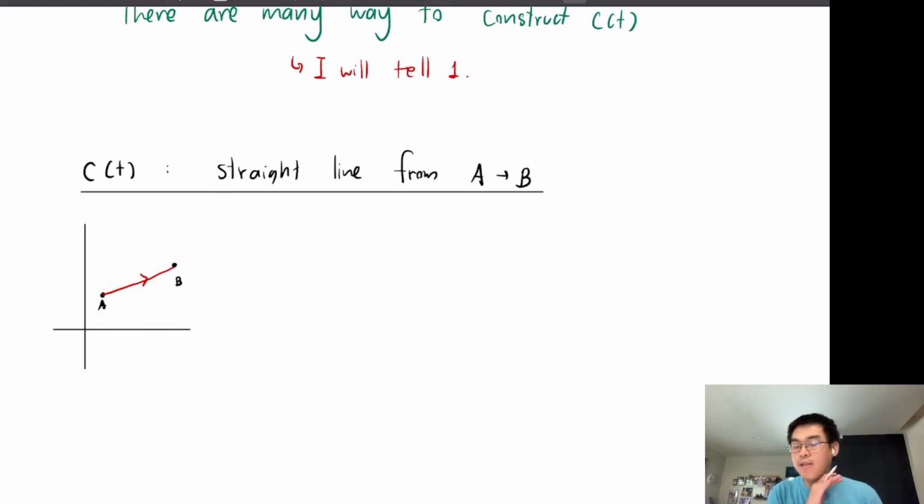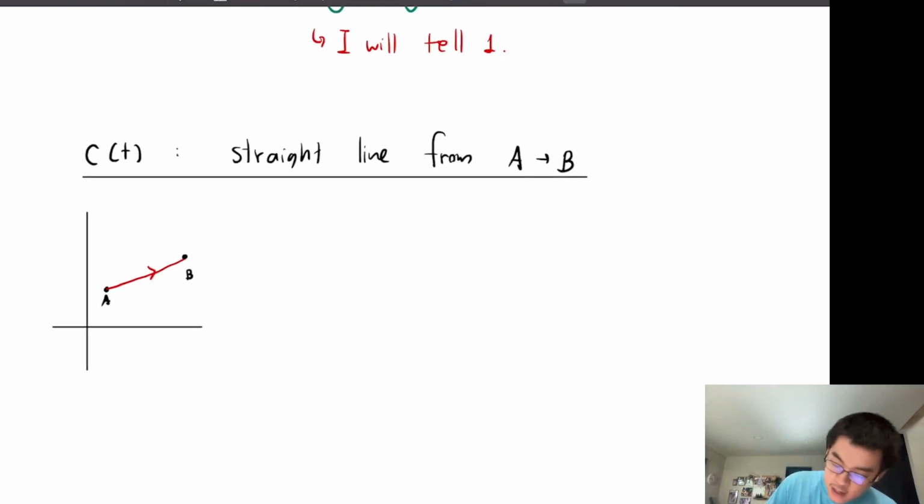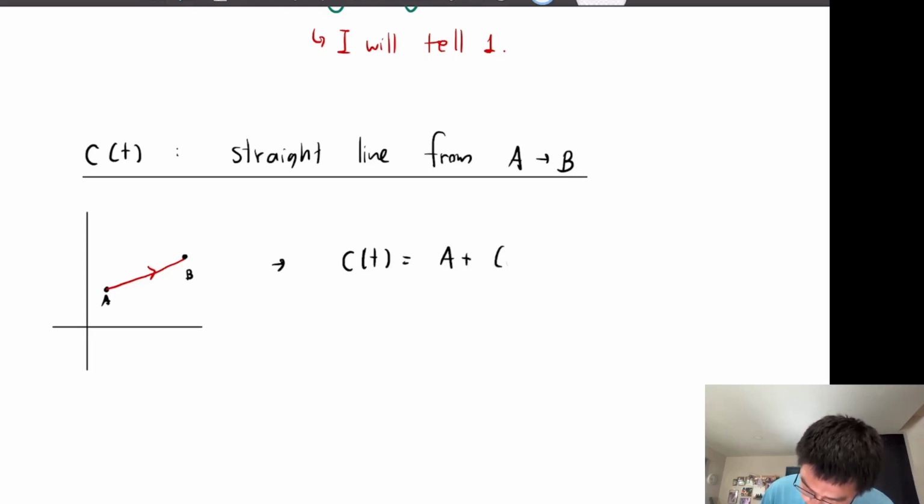We just go straight line from A to B. All right. So if you want a straight line from A to B, we do C of t equal to A plus B minus A t.